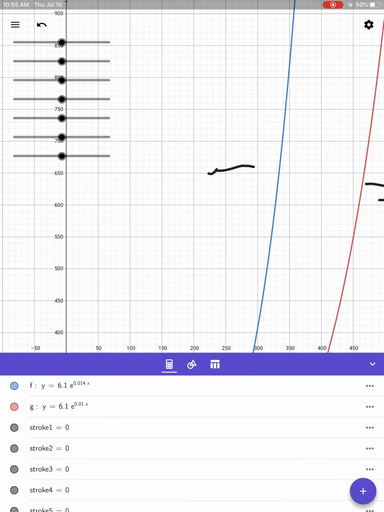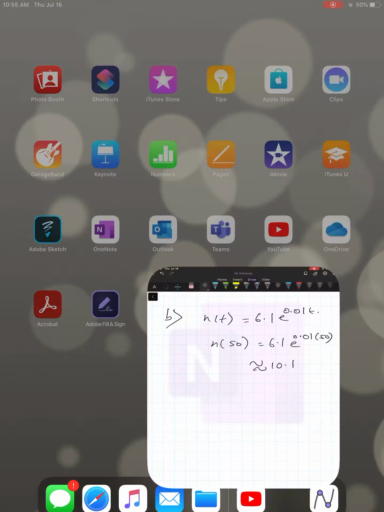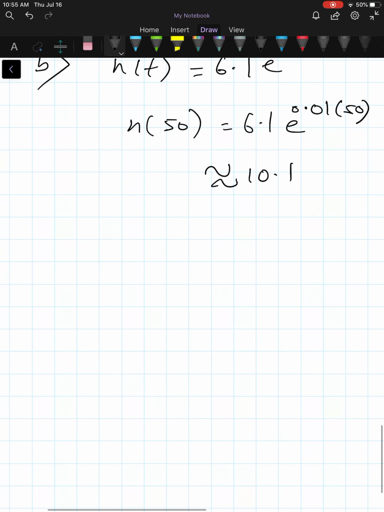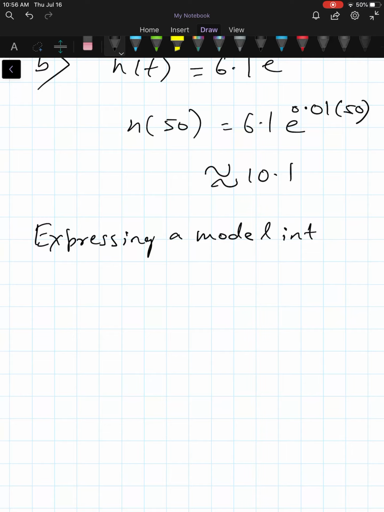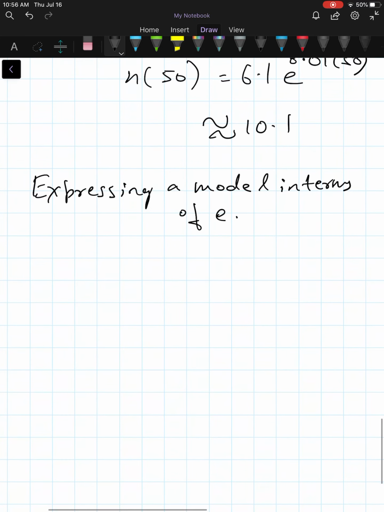Okay, and moving further, expressing a model in terms of e. This is example 5 in your book.